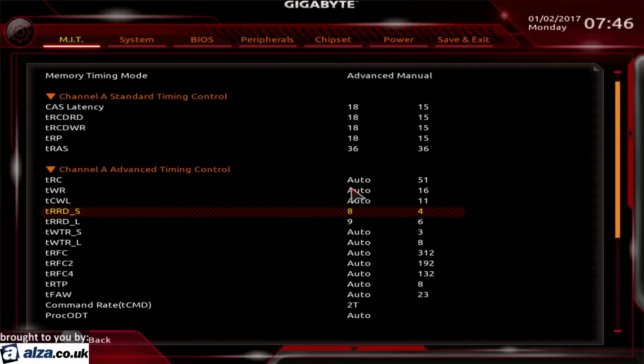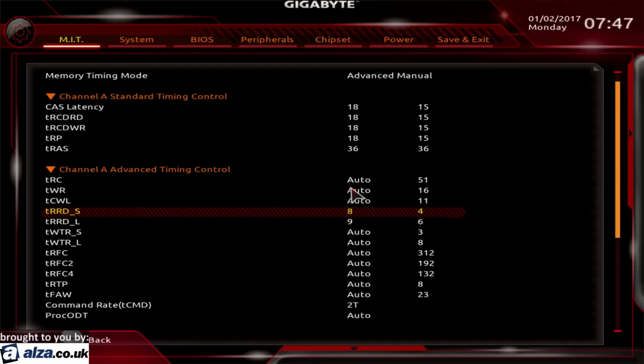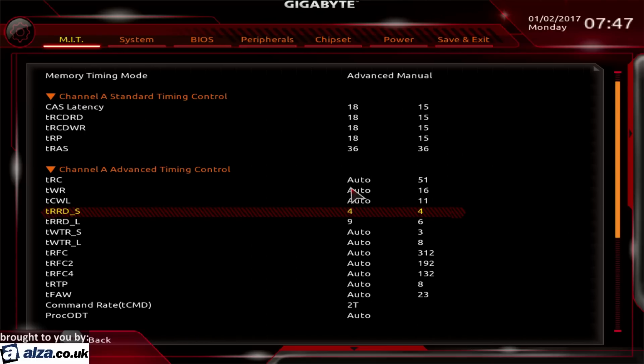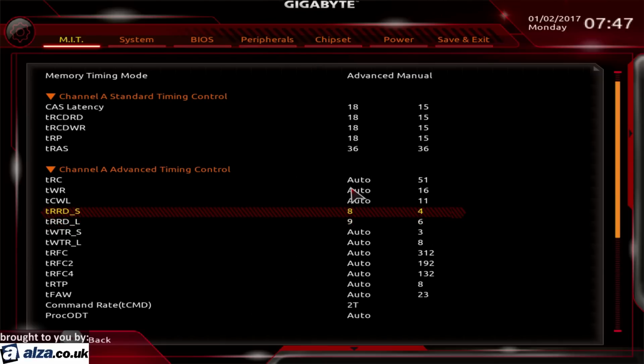What I have noticed is this board raises the RRDL really quickly, and it doesn't raise the RRDS as quickly. I had one case where at like 33 megahertz it was at 4.9, and bumping that up to I think 8.9 stabilized that completely. But that was on a different chip, and I think the same memory sticks. But this board tends to set the TRRD a little bit low. Your Gigabyte board might do that as well, so you might need to raise that one.